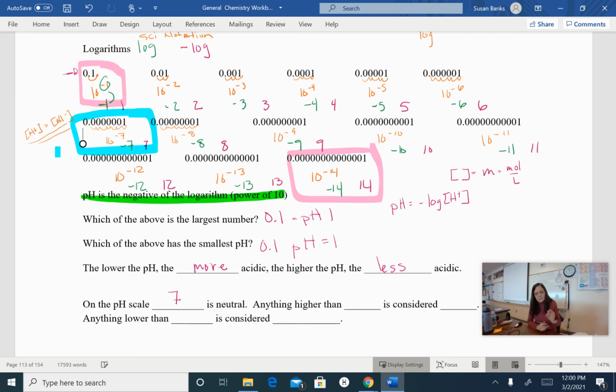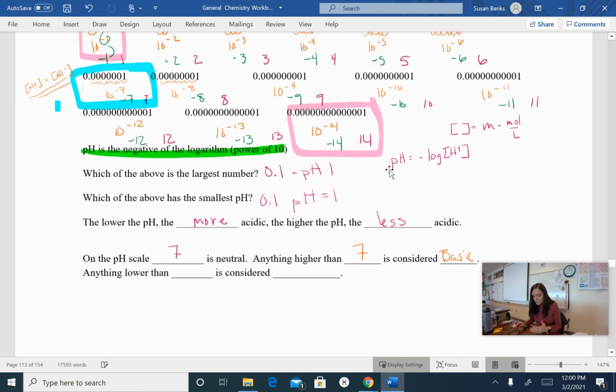That is pH 7. That is neutral. Anything higher than 7 is considered basic, and if you're talking British English, they'll call it alkaline. Anything lower than 7 is considered acidic. So 7's neutral, anything above 7 is basic, and anything lower than 7 is acidic.